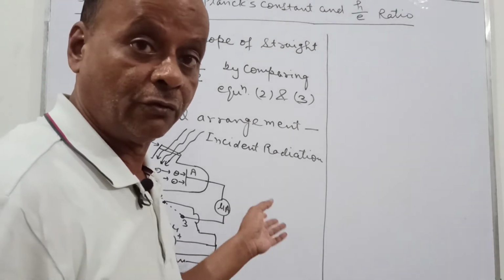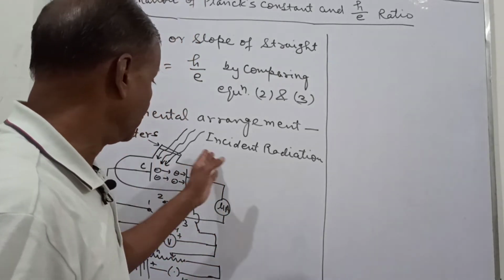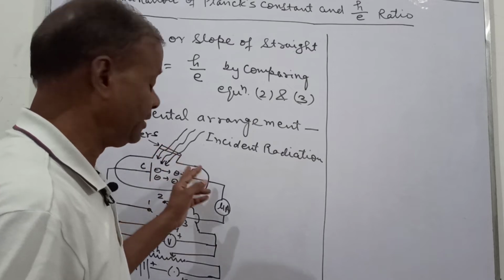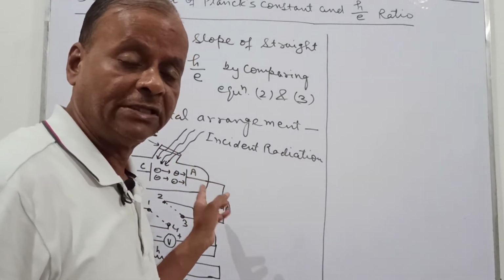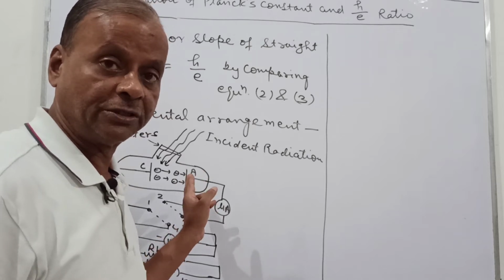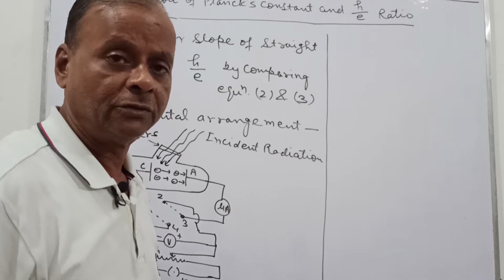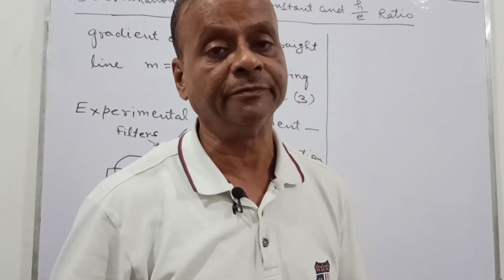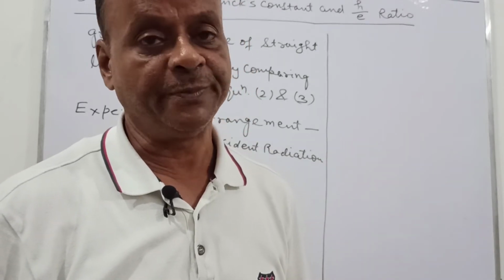So this is what changes the frequency of the incident radiation, because radiation color depends upon this filter. So what kind of radiation is falling on this cathode depends upon the filter used in this experiment. So what we do is that different filters are used and corresponding to them the stopping voltage is measured.